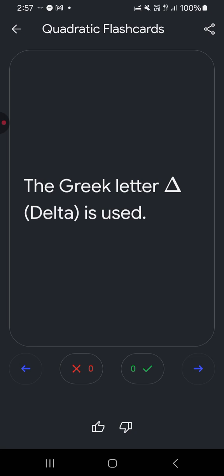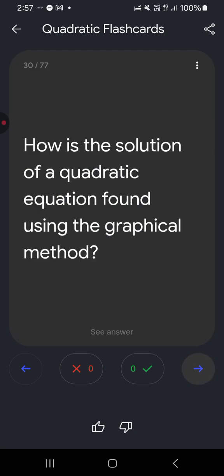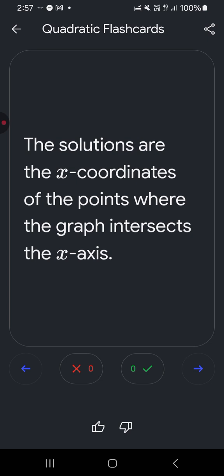The Greek letter delta is used. How is the solution of a quadratic equation found using the graphical method? The solutions are the x coordinates of the points where the graph intersects the x-axis.